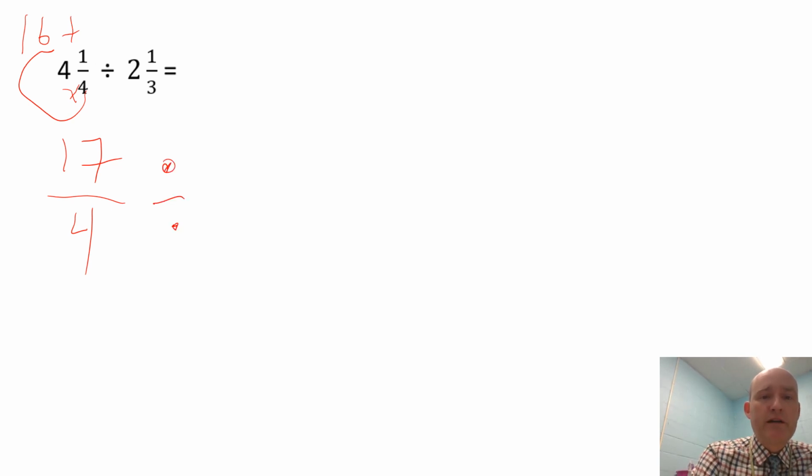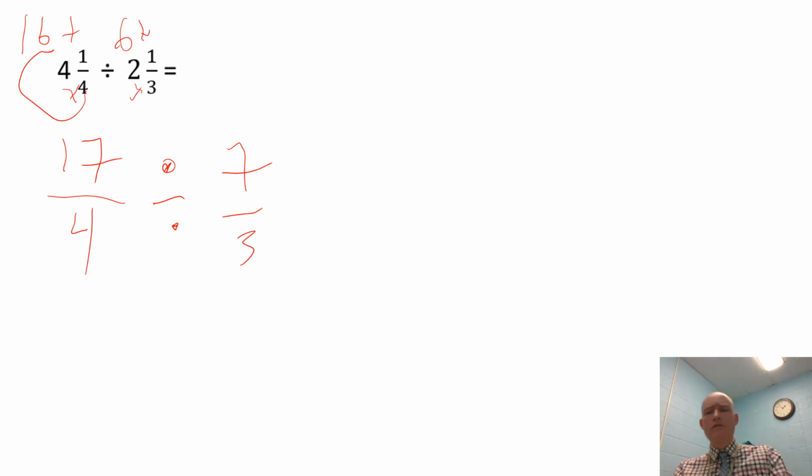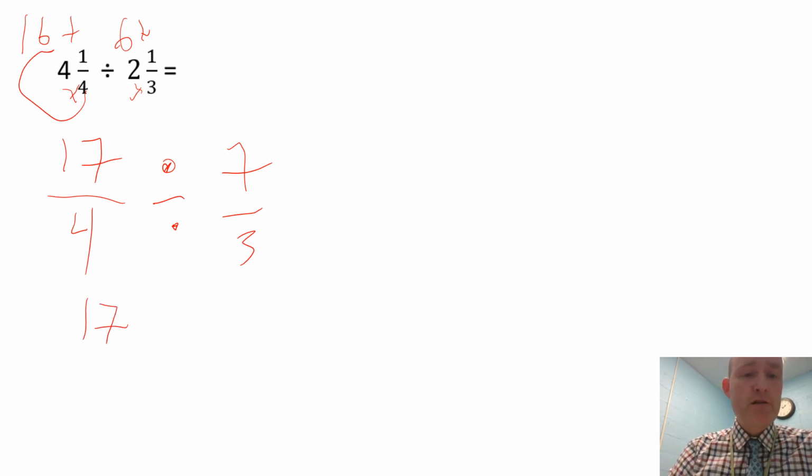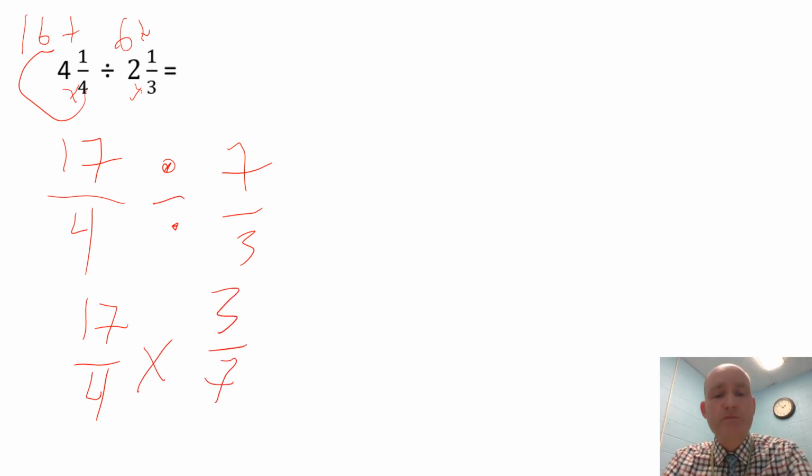Notice I'm dividing. I have 2 times 3 is 6. 6 plus 1, 7 over 3. I'm not done yet. I need to keep, change, and flip that fraction upside down. So keep this the same, change, and then this becomes 3 over 7.